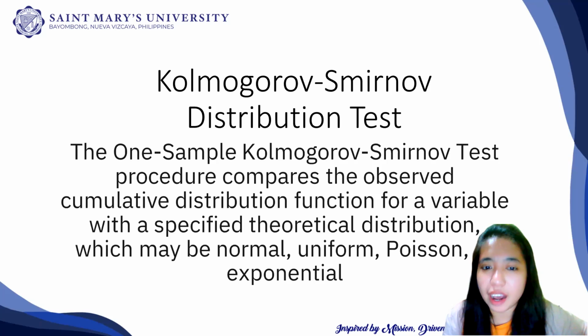So given a data set, of course, you can test if the data follows a normal, uniform, Poisson, or exponential distribution using the Kolmogorov-Smirnov test. This test is commonly used whenever we want to know if our data is normally distributed or not, simply because one of the requirements for using a parametric test is checking if our data is normally distributed.